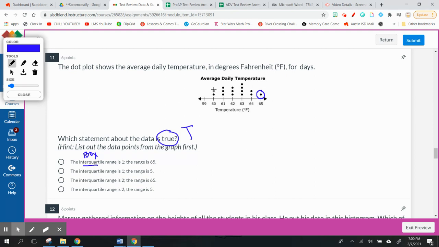Our lowest temperature was 60. We can see that here. So our range, again, high minus the low, so we've got 65 minus 60, which is 5. So how awesome is that? That means that we can get rid of 2 answer choices. So now we're down to just 2 of them.